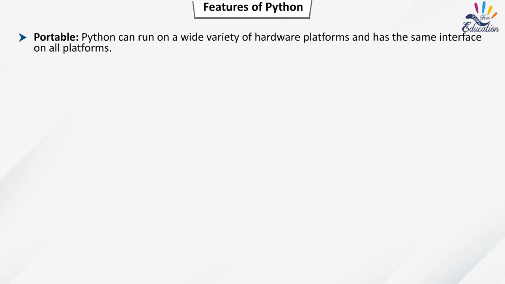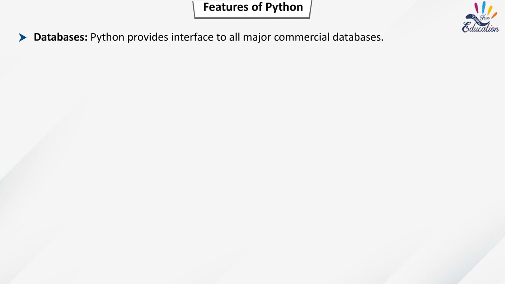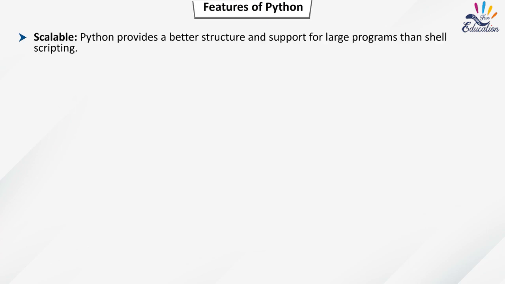Portable. Python can run on a wide variety of hardware platforms and has the same interface on all platforms. Databases. Python provides an interface to all major commercial databases. Scalable. Python provides a better structure and support for large programs than shell scripting.